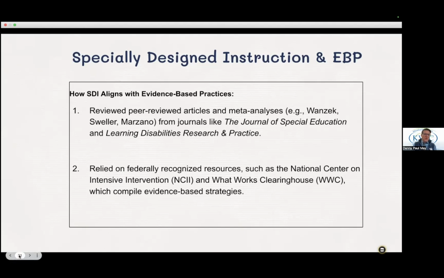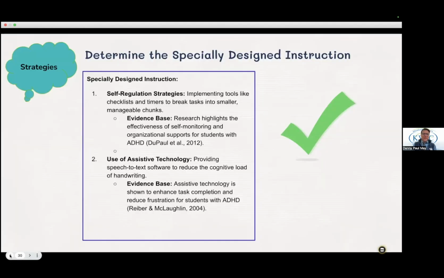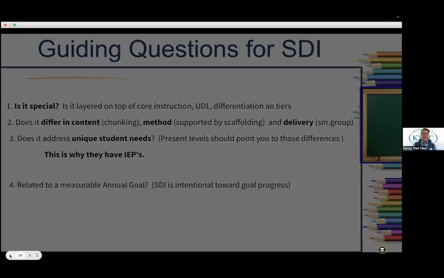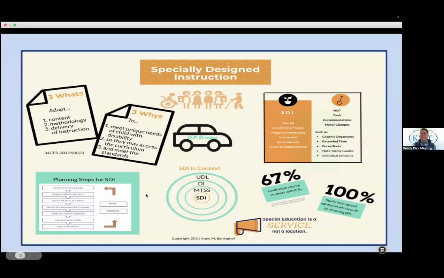So in review, if we go back to a previous slide here, we realize that our specially designed instruction is special. It's something that's different from core instruction. It's linked to IEP goals. It brings about progress monitoring and data.